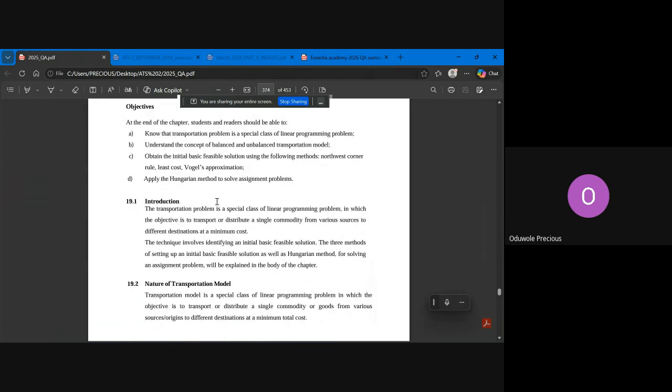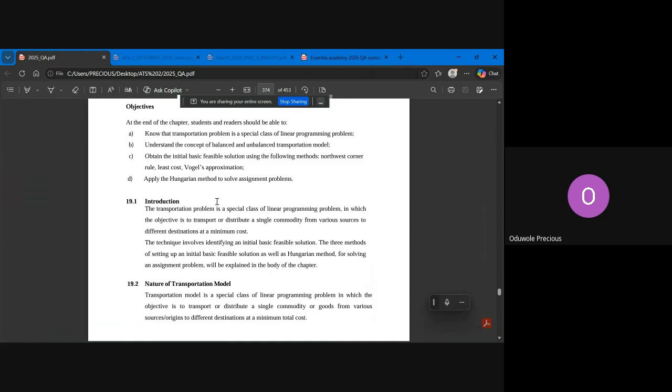is a special class of linear programming problem. If you are conversant with operational research, you know that the major problem is you want to see how feasible what you are doing is. So your objective function is to maximize profit or contribution and to minimize costs.